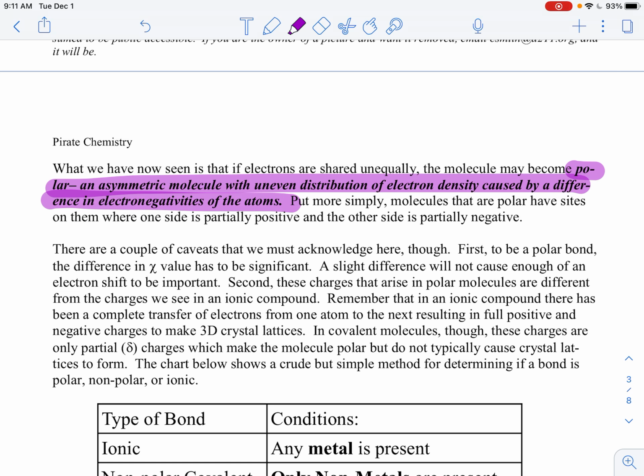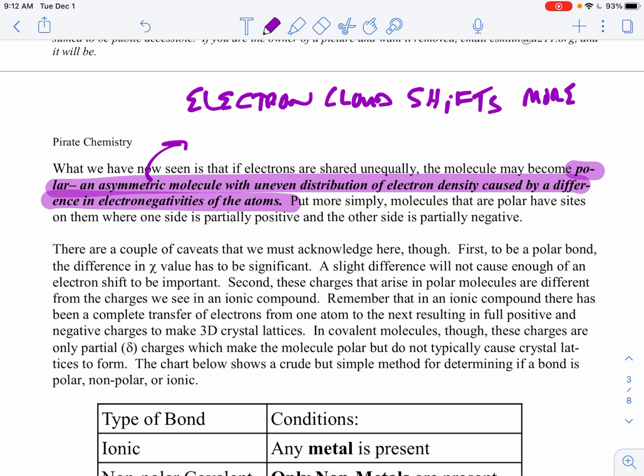It means the electron cloud shifts more to one side of the molecule.